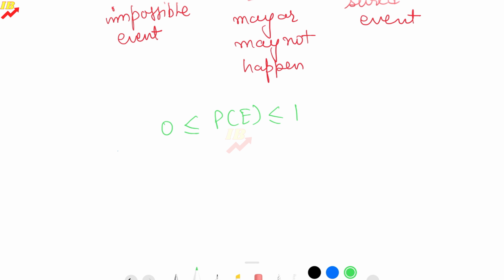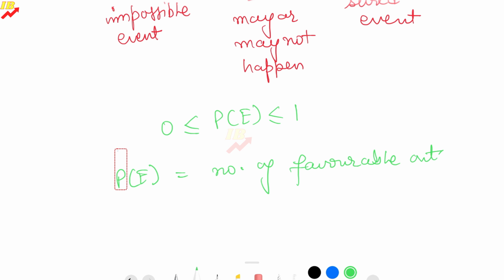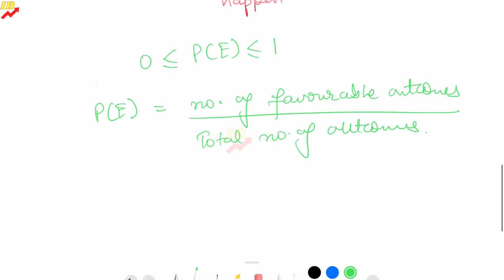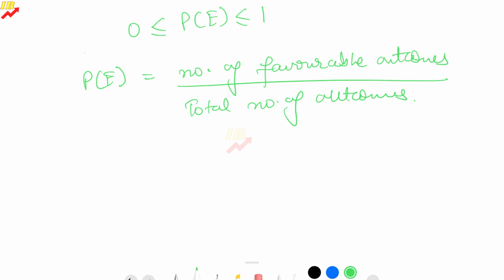Now I'll tell you the formula for this. Probability of any event is number of favorable outcomes over total number of outcomes. So this is the main formula that you're always going to use in all the questions.